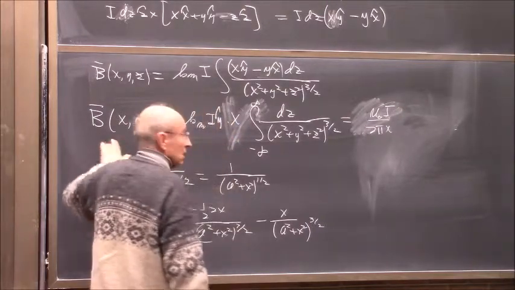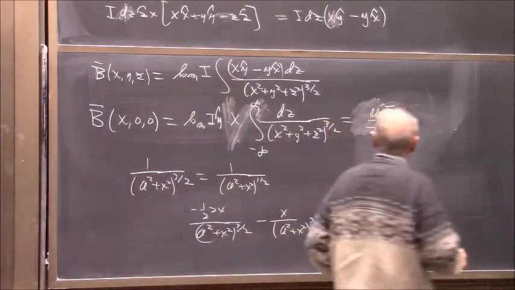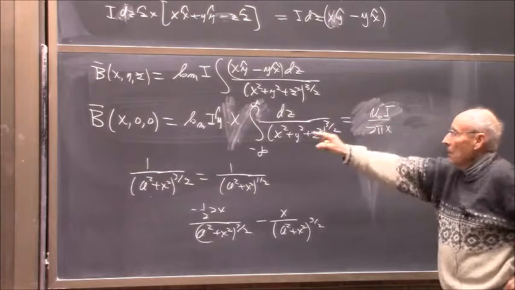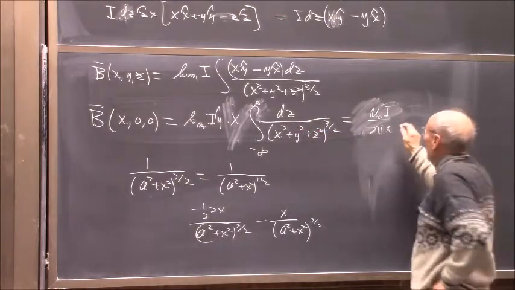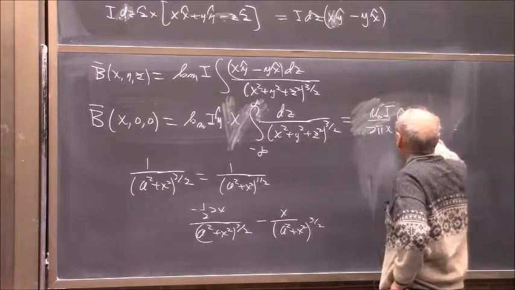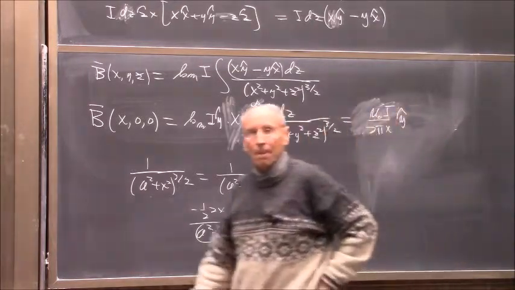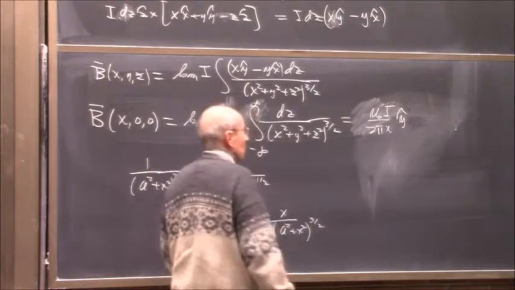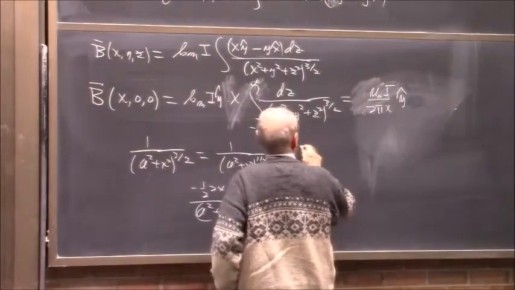So, what we discovered was that we had this thing, and it points in the y direction, y hat direction. So, what is the curl of B then?